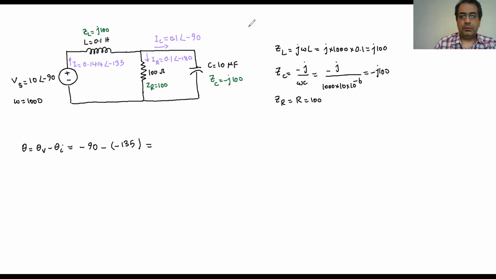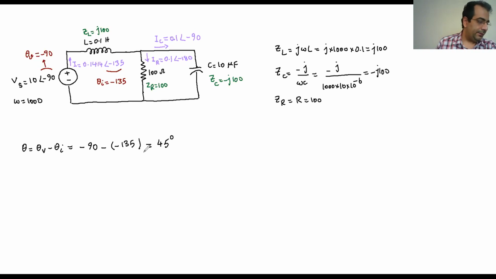You can see here this is the theta V, which is negative 90, and this is the theta I, which is negative 135 degrees. If I substitute them here, eventually what I'm going to get is 45 degrees.